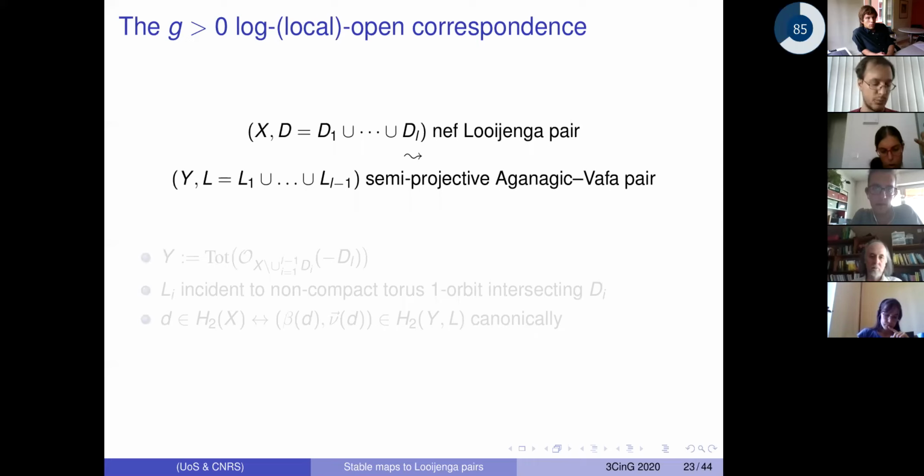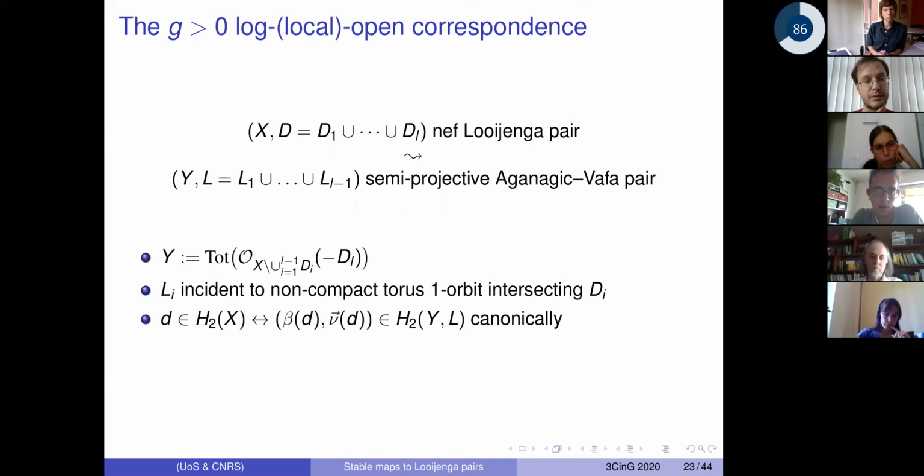So the way the correspondence works is as follows. Our proposal is that given a Looijenga pair, we can construct a semi-projective Lagrangian Harvey-Lawson pair by taking the total space.